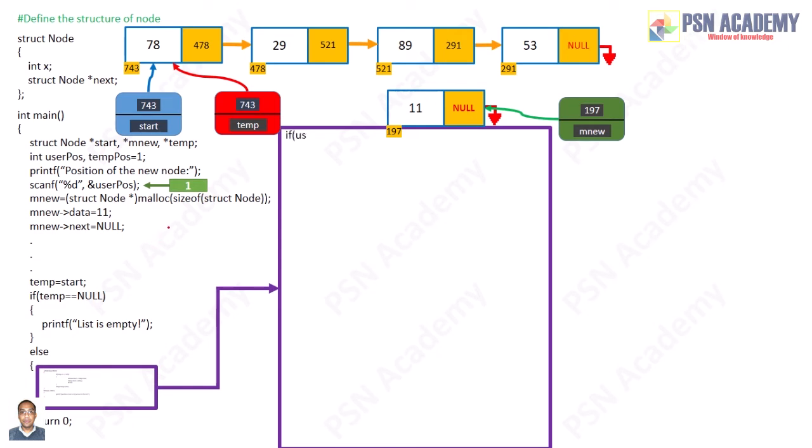Well, if user pos equal to 1, that means the user has inserted 1 here. That means user wants the new node to be inserted in the first position. So this one will be in the second position and this one will be the new first position holder.